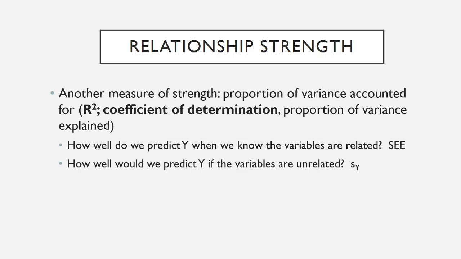Okay, so again, as I just mentioned, the strength or accuracy of your predictions of y when the variables are related is going to hinge on the standard error of the estimate. The strength or the accuracy of your predictions of y when the variables are unrelated is going to be the standard deviation of y. So basically, if you know both the standard error of the estimate and the standard deviation of y, you could use all that information to determine the amount of covariance shared between variables x and y.